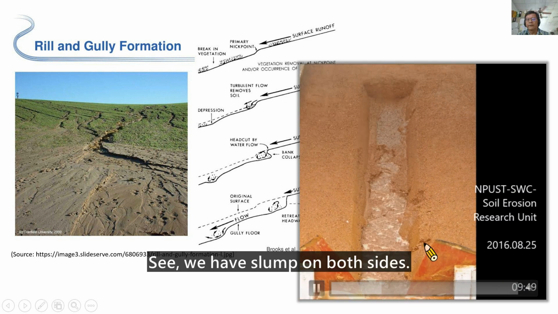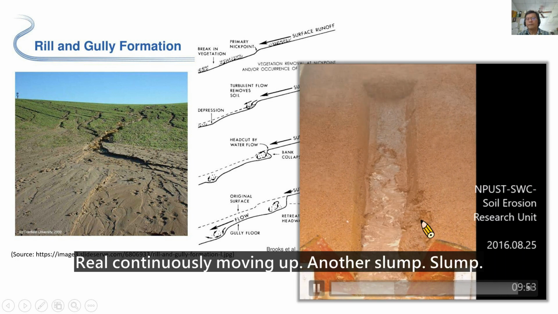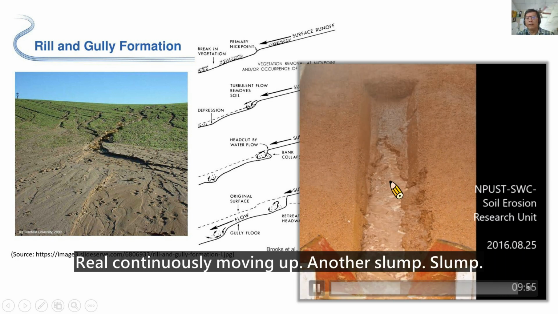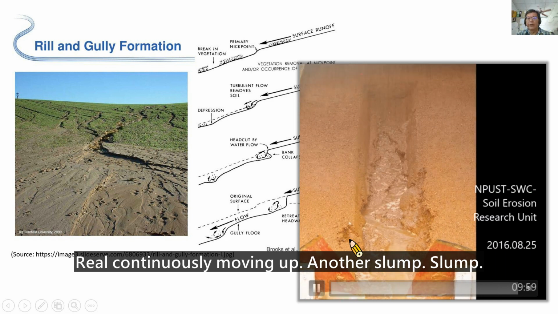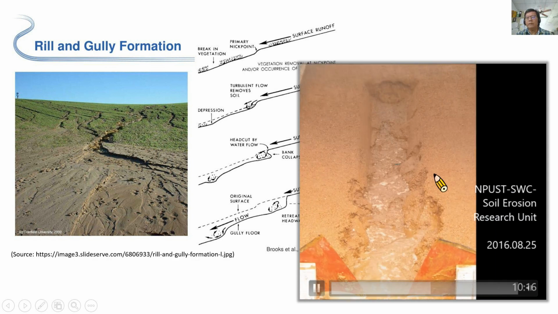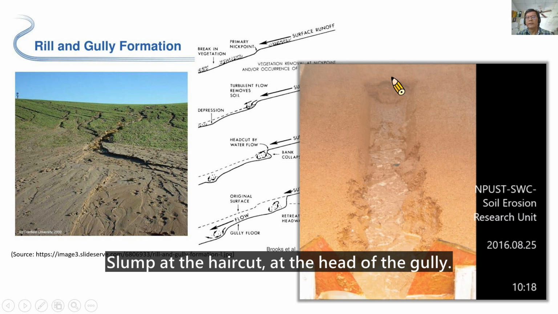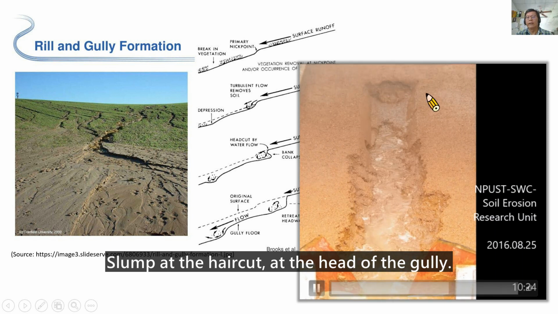See, we have slump on both sides. The gully continues, the rill continuously moving upslope. See, here's another slump. Here's a slump. Slump at the head of the gully.